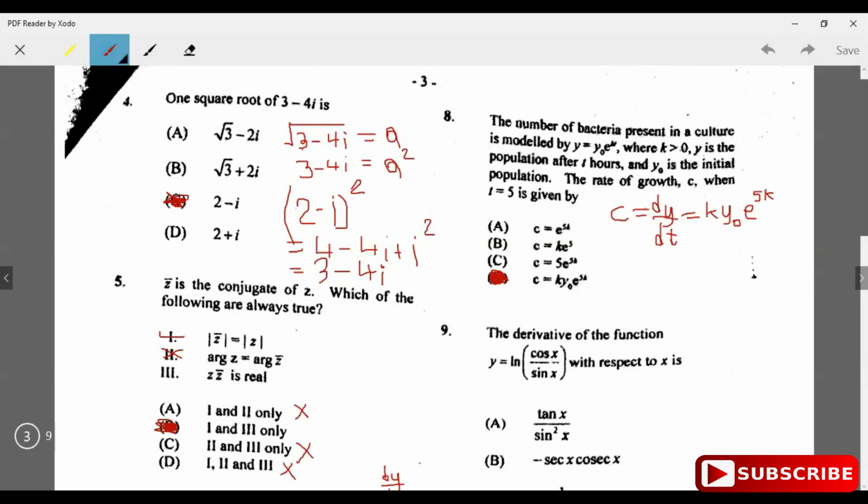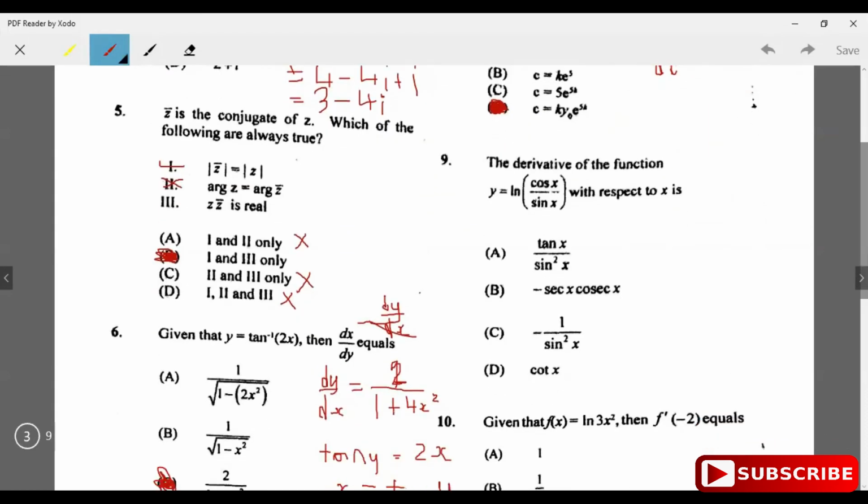All right, question 9. Question 9 is saying we want to find the derivative of the function y is equal to ln of cosine x over sine x. So in order to find the derivative, first what you're going to have to do is call this u.